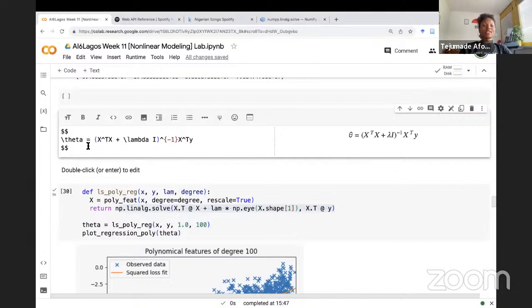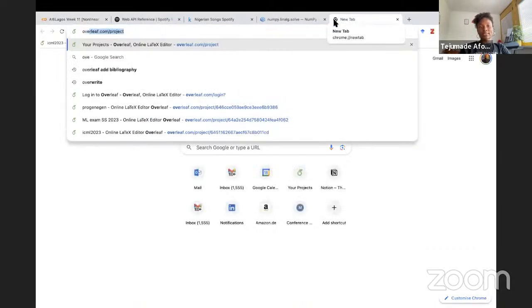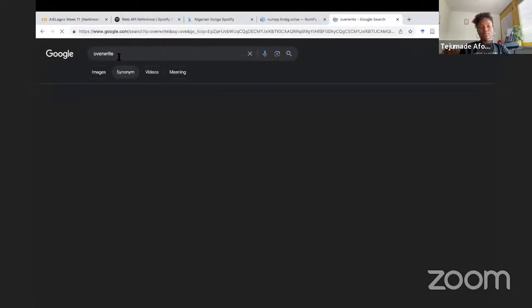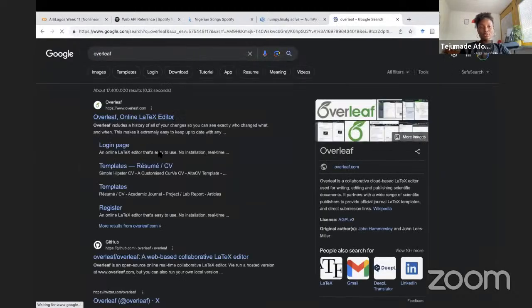Okay. All right, thanks. I mentioned this earlier, this is just LaTeX to be able to write formulas. I use it a lot because for work, we use LaTeX. We use something called Overleaf to write LaTeX. If you Google it, it's now showing my Overleaf.